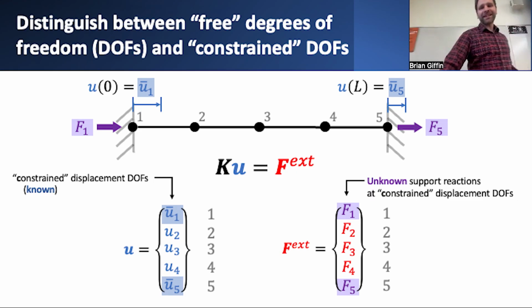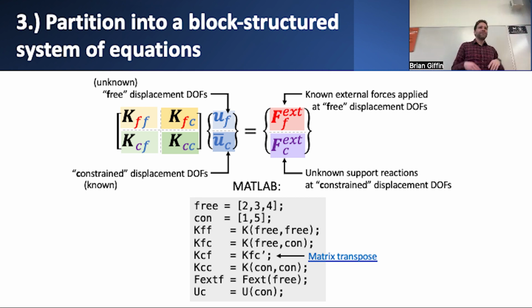And the trick in doing this is equivalent to what I had described previously, nominally eliminating those particular rows and columns of the system of equations corresponding to the constrained degrees of freedom. But I could also be a little bit funny in how I attack that.